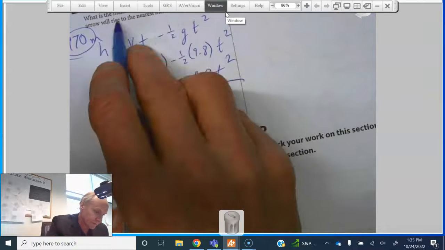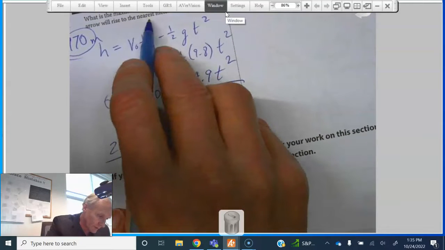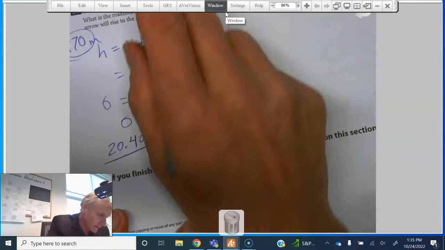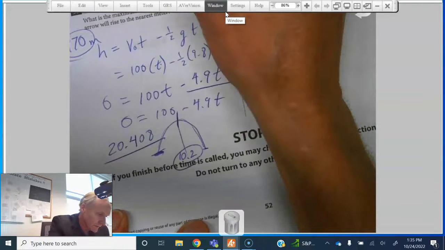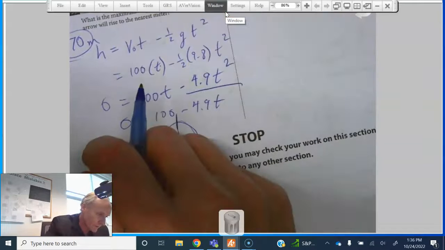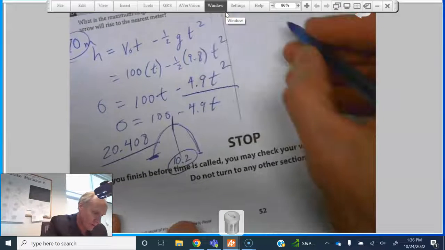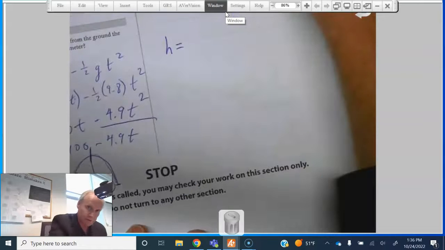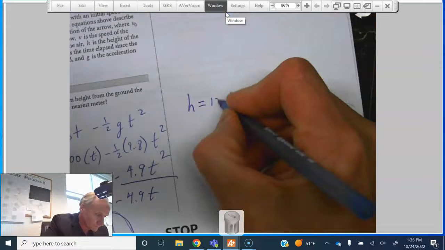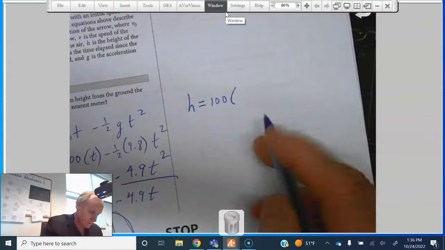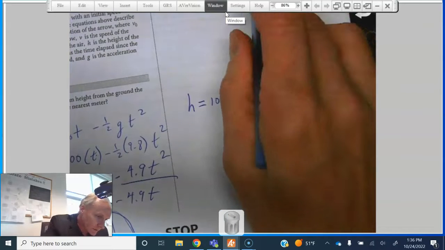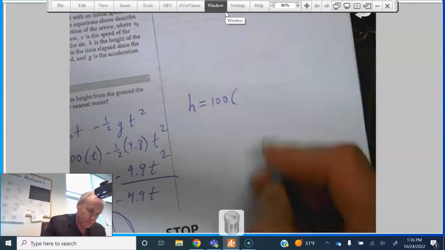What is the maximum height above the ground the arrow will rise? It's going 100 meters per second. And we're using this position-time equation. So the height above the ground is going to be equal to V0, which is 100, times the time. Now, I believe that its maximum height will be at 10.2 seconds.